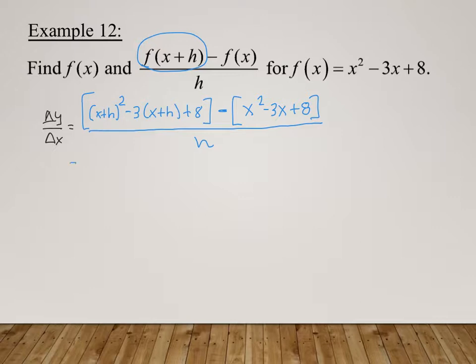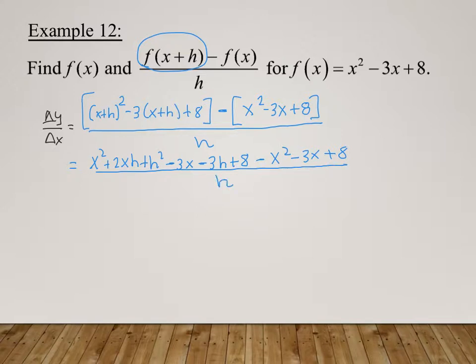So now this is nothing more than x squared plus 2xh plus h squared, this gets a little long, minus 3x minus 3h plus 8, minus x squared minus 3x plus 8. And we've got to make sure that we get this right, it's all over h. Pretty long thing, right? So now we have to combine like terms.